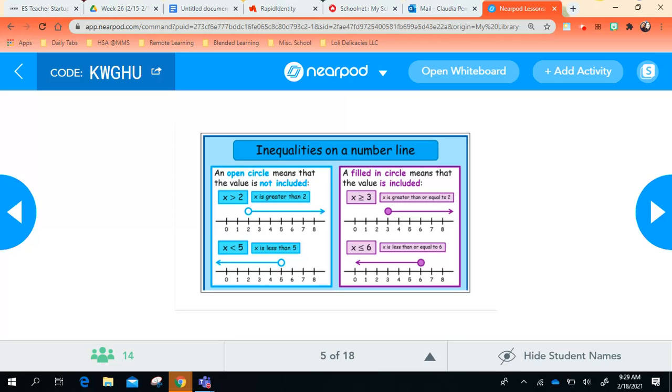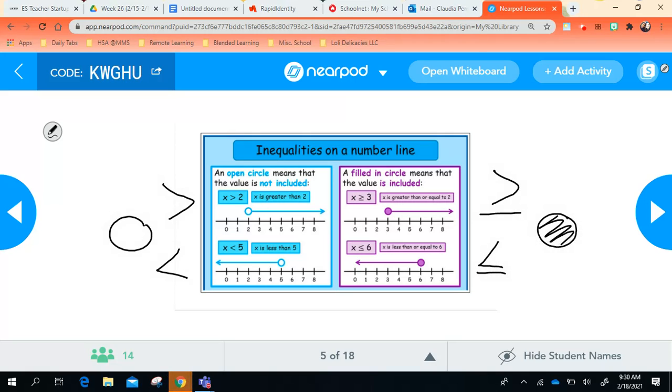So when you have the greater than sign or the less than sign, when you graph it on a number line, you're going to graph it with an open circle, okay? And it tells you that there. When you have the greater than or equal to, less than or equal to, you're going to graph it with the closed circle.